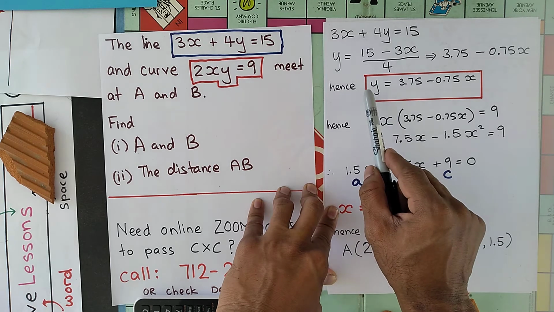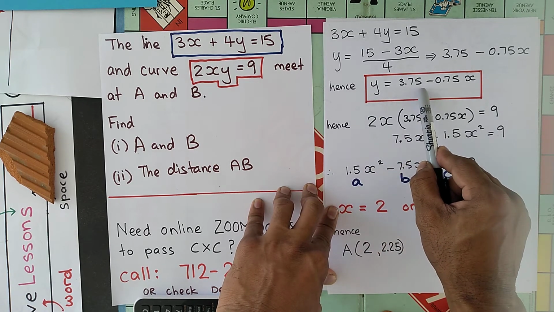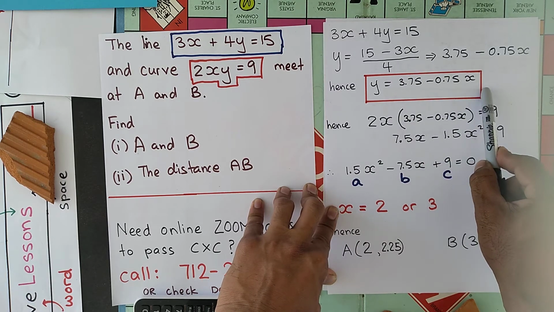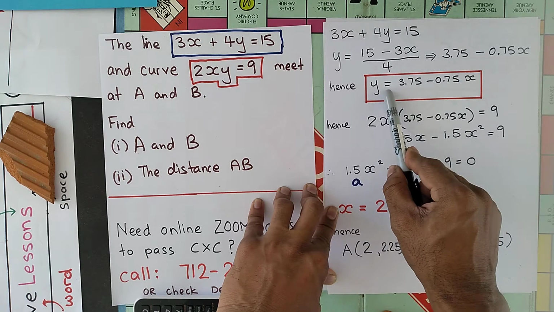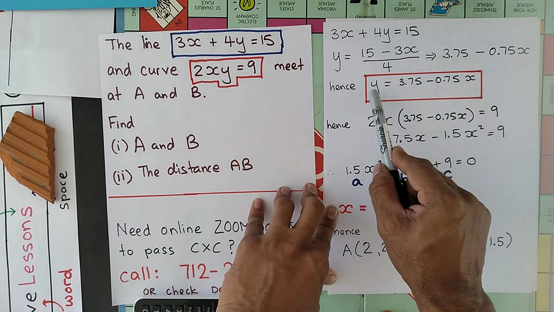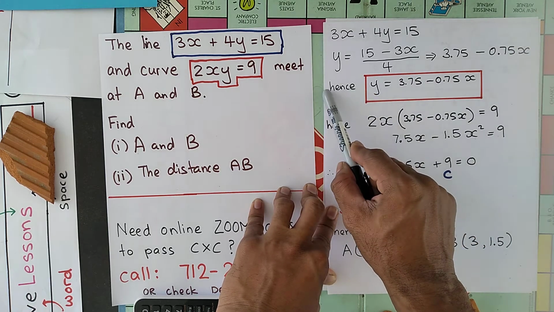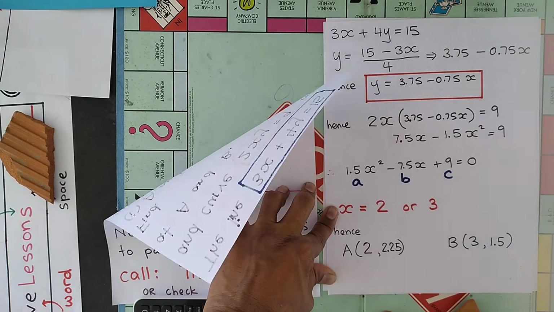So when we make y the subject, we got y is equal to 3.75 minus 0.75x. This means y has the same equivalent value as this expression. So wherever I see a y, I can gladly throw it away and replace it with this expression here.